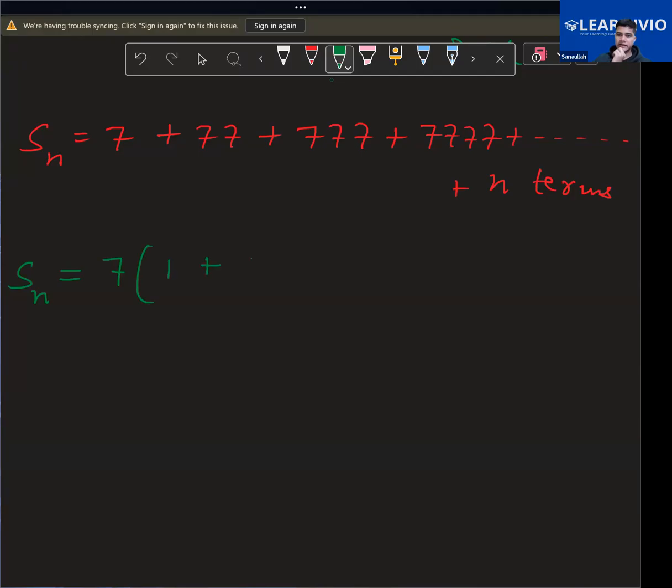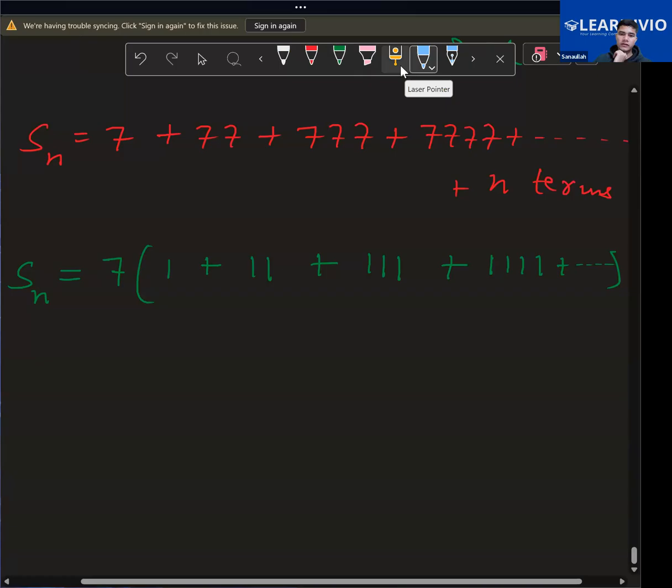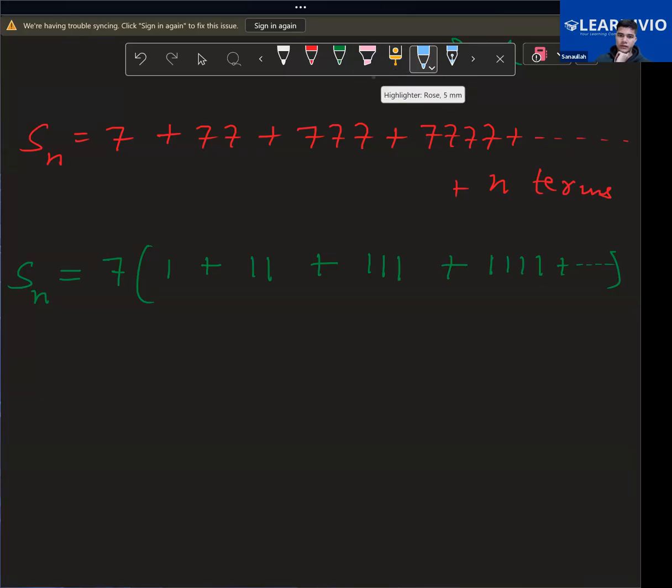It is 1 plus 11 plus 111 plus 1111, and so on to n terms, right? Your second step will be to multiply by 9 in the numerator and denominator also. This is step number 1, that is, take 7 common.